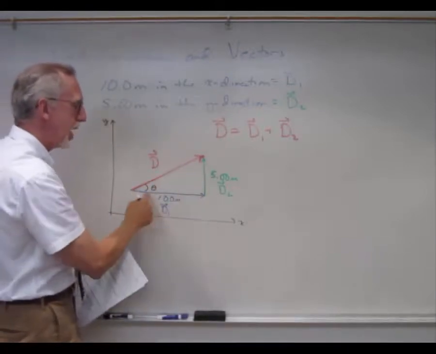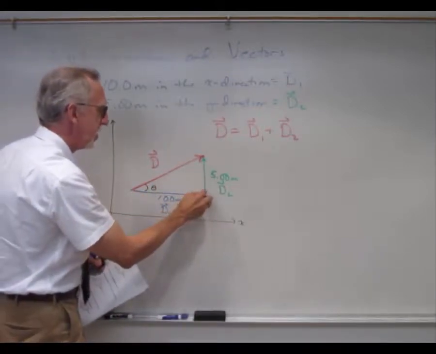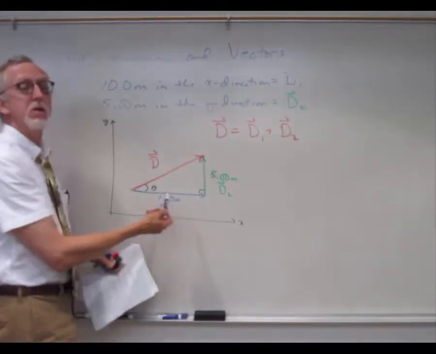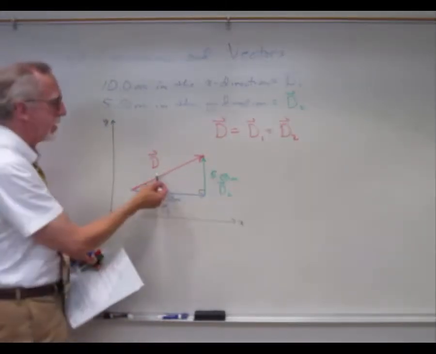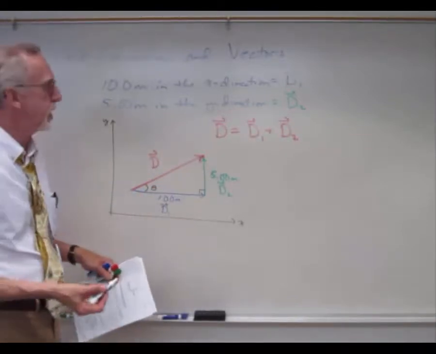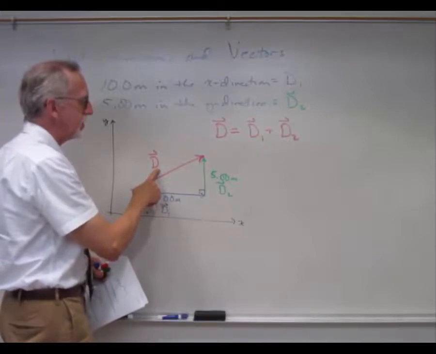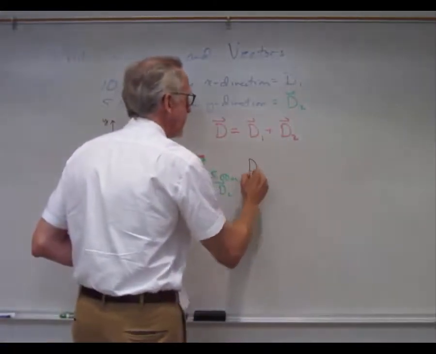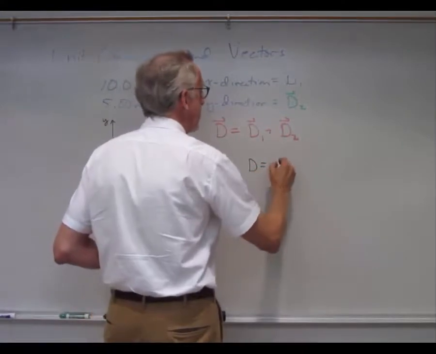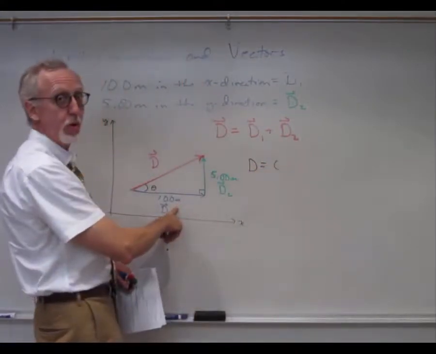Well, we happen to know that these two vectors are perpendicular to each other. So we can actually use the Pythagorean Theorem to figure out the magnitude of the hypotenuse of the triangle. So we know that the magnitude of this vector, which we'll write as d without the vector sign, is going to be the square root of the sum of the squares of the sides.